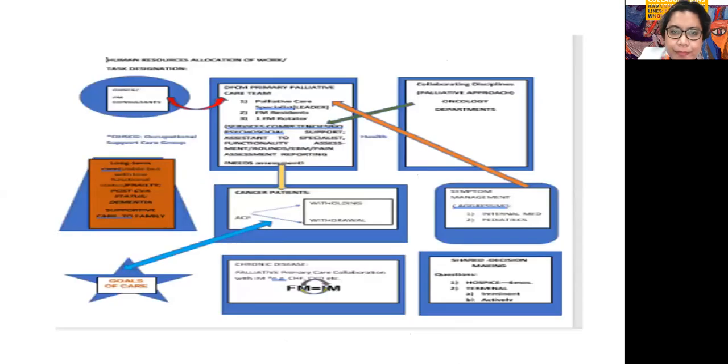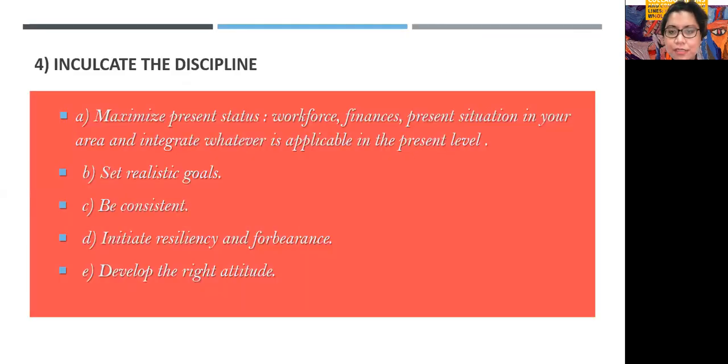So this slide, though blurred, only tells that we do collaborative practice among different departments. We establish the goals of care, advanced care planning, and other anticipatory guidance discussion with the index patient and family being referred to us.